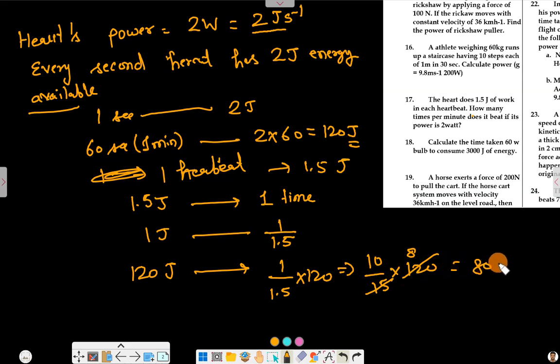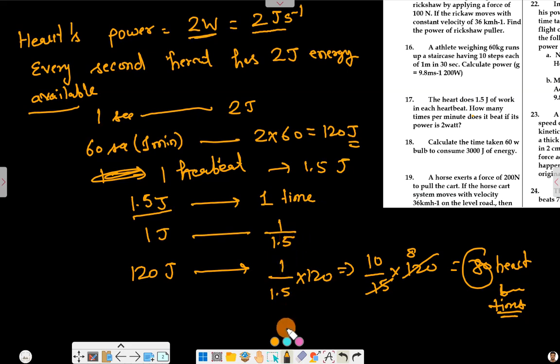So 80 heartbeats, or 80 times. So in a minute, if the heart has 2 watt of power with 1.5 joule per beat requirement, the heart can beat up to 80 times per minute. Okay.